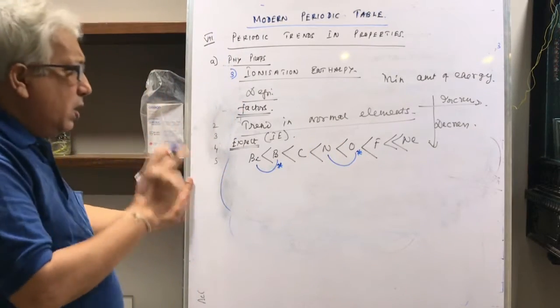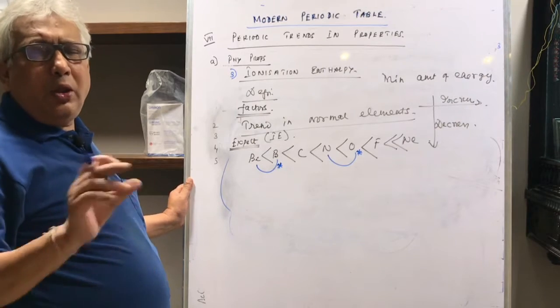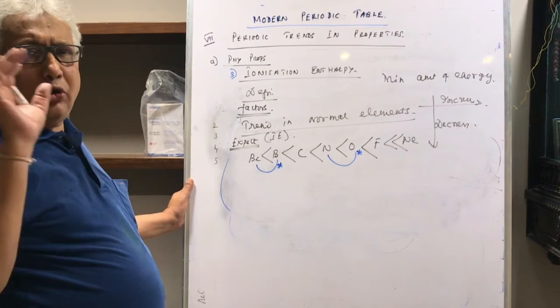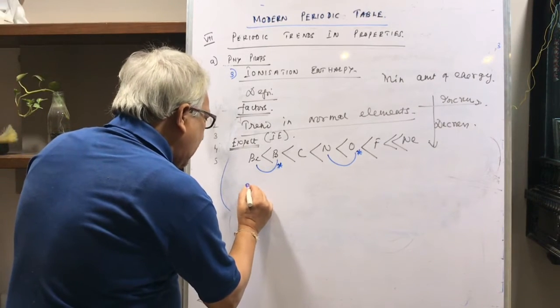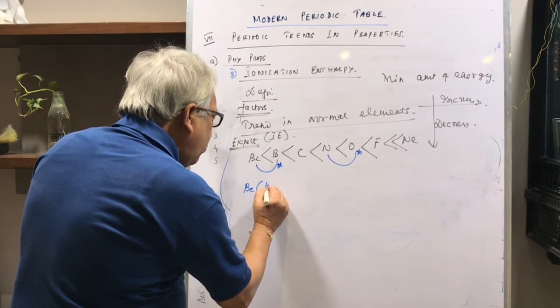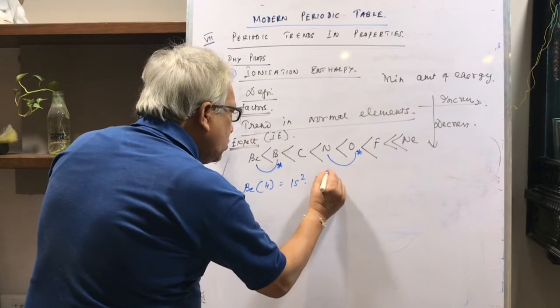Why? Because this will be explained only and only on the basis of outermost electronic configuration. So children, I take the case of beryllium. Beryllium atomic number 4, so the configuration is 1s2 2s2.